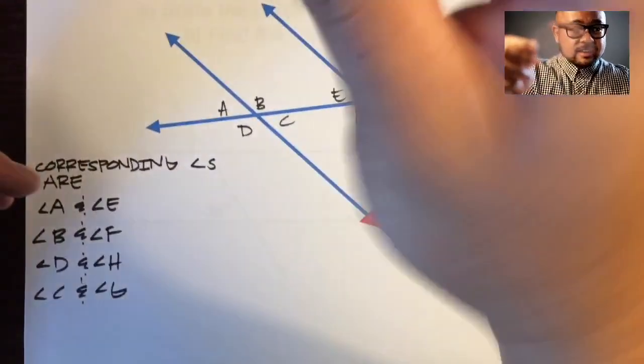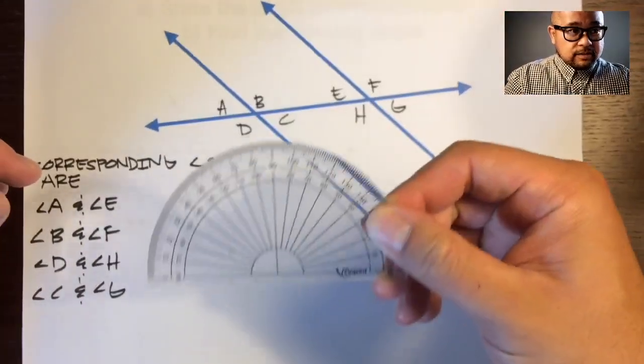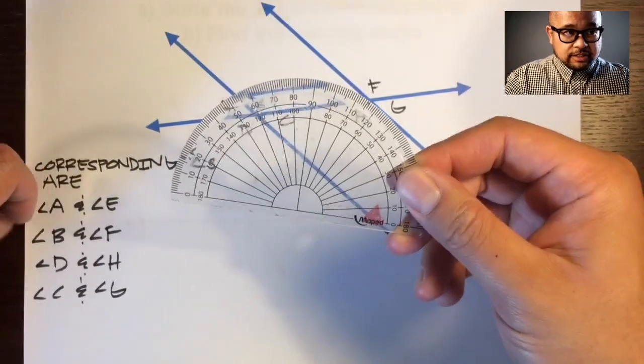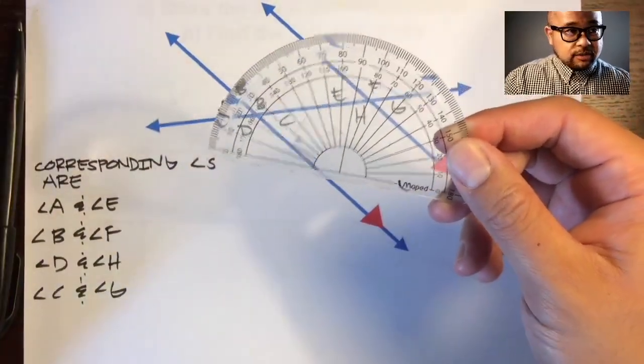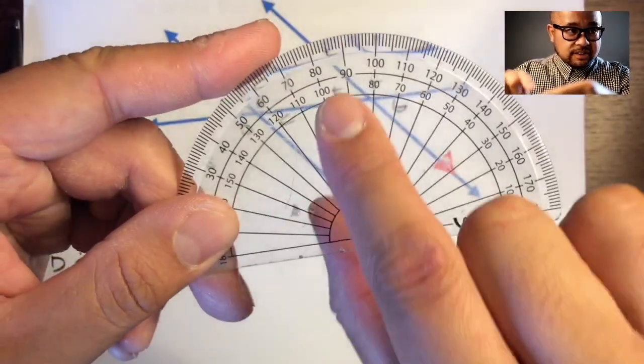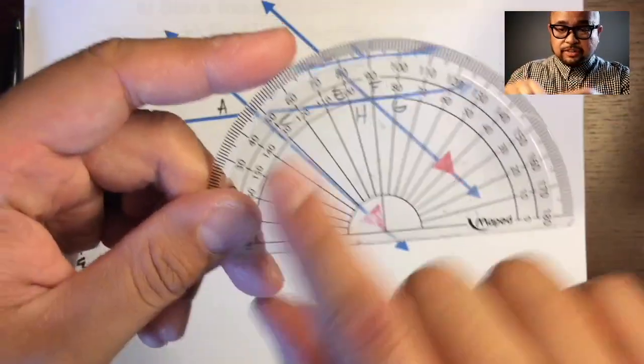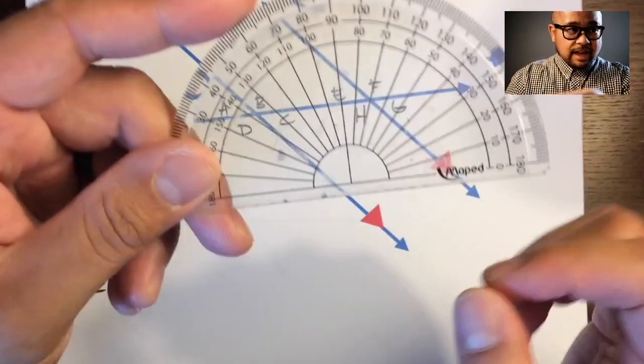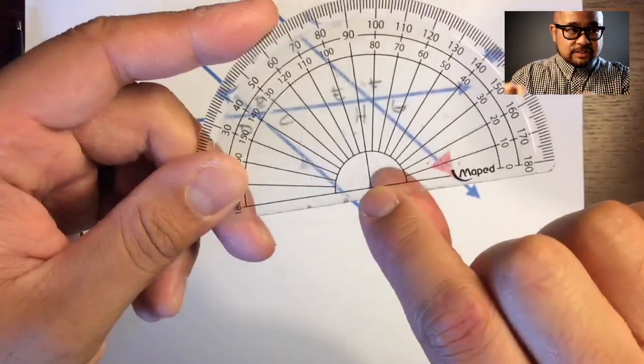So take your ruler of angles, aka a protractor, and we're going to measure angle A. A protractor's a semicircle, half of a circle, and here's the center of the circle.